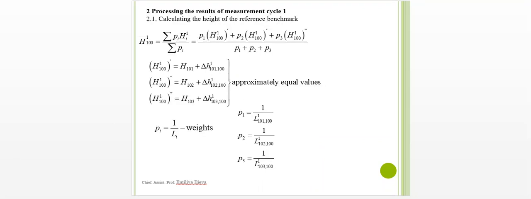And absolutely the same. We have again the heights of the control benchmarks, they are absolutely the same, but the elevation differences from the second cycle. So here we are going to have different values.